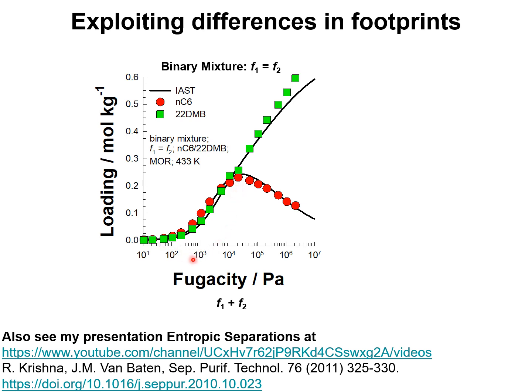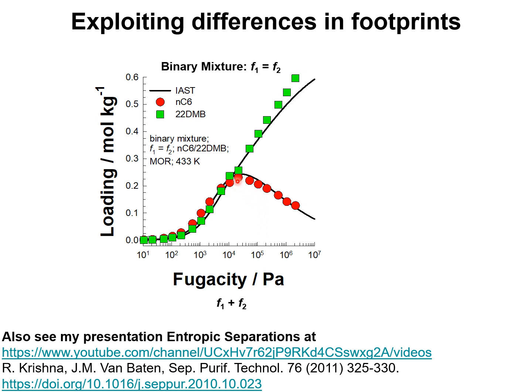But as the pore occupancy increases with increasing fugacity, the mixture adsorption becomes increasingly in favor of the dibranched isomer at the expense of the linear isomer. Now, the dibranched isomer has the shortest footprint and therefore can pack more efficiently within the channels.